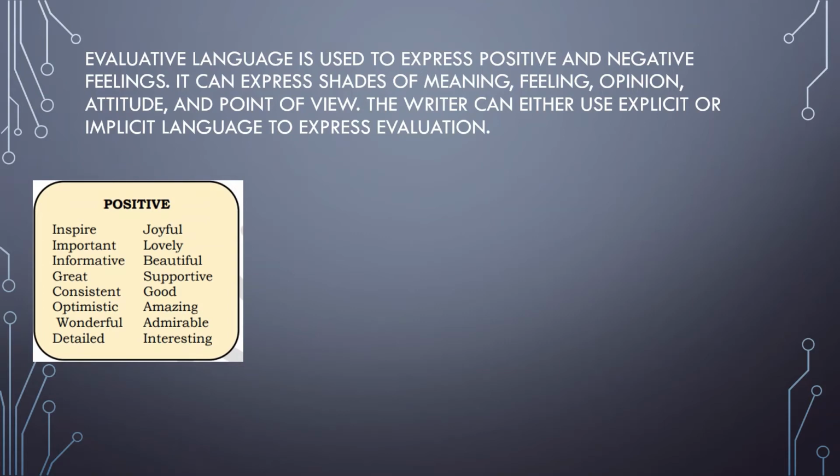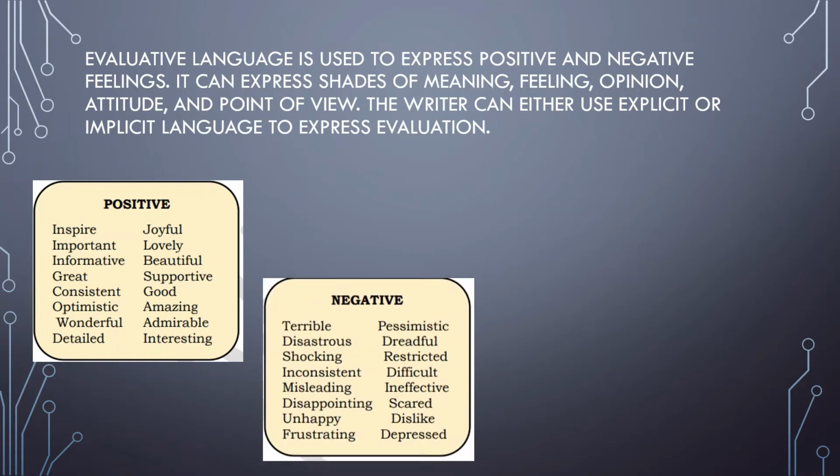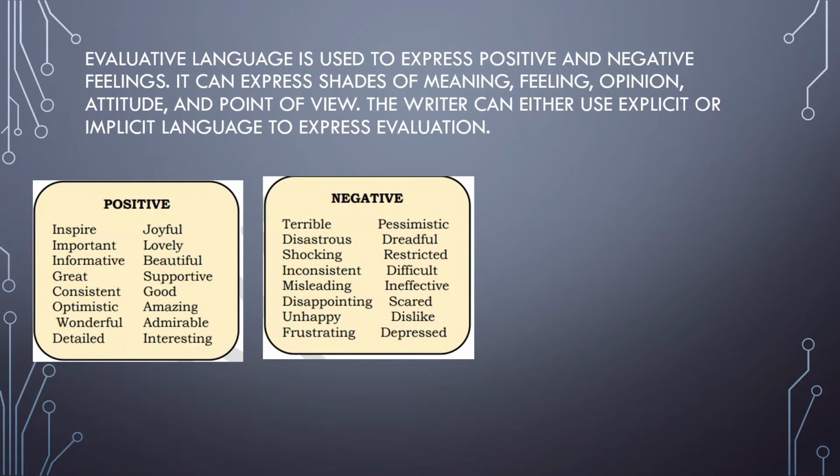You may say or use the words inspire, important, informative, great, consistent, optimistic, wonderful, detailed, and so on. On the other hand, there are also negative evaluation words like terrible, disastrous, shocking, inconsistent, misleading, disappointing, unhappy, frustrating, and so on.